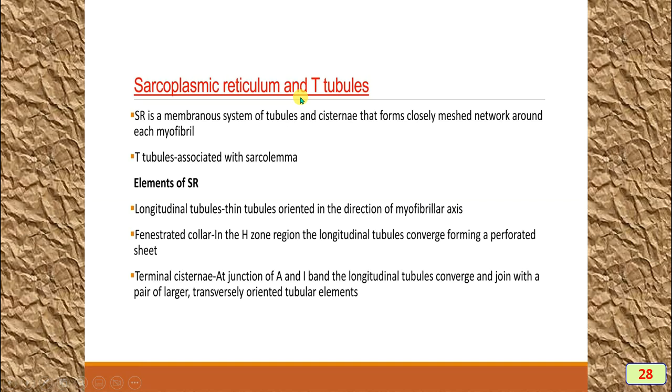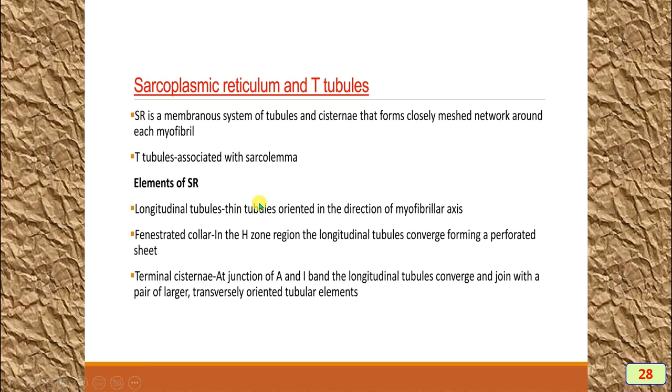Sarcoplasmic reticulum is just like the endoplasmic reticulum of a cell, which contains cisternae that form a closely meshed network around each myofibril, and T tubules associated with the sarcolemma and elements of the sarcoplasmic reticulum.